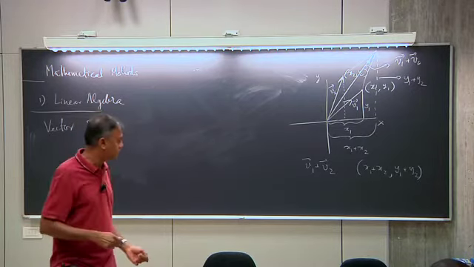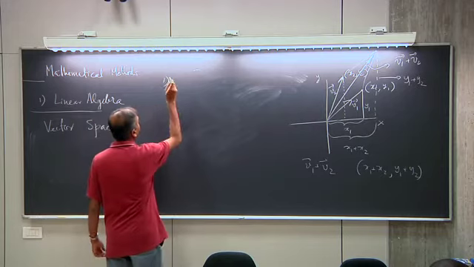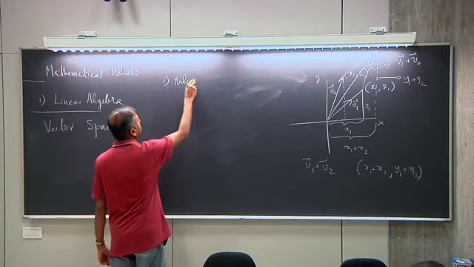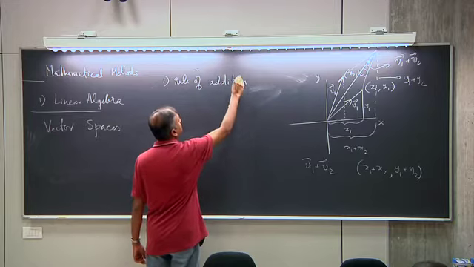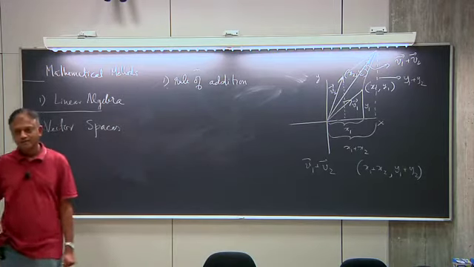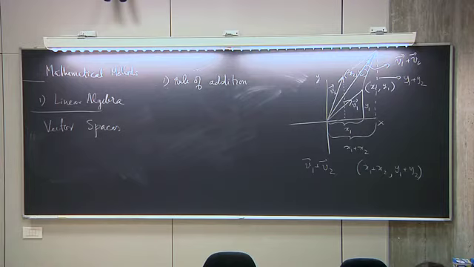Okay. So, this is the important point. So, the first important point is that there is a rule of addition. So, when you add the two vectors, you get again an element of the same set, not something outside, the same set, right? The set of all the vectors. So it's again another vector.